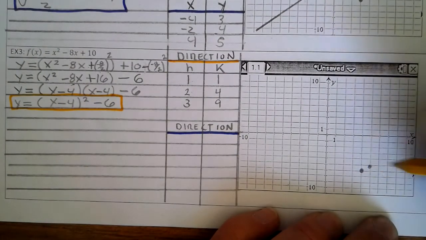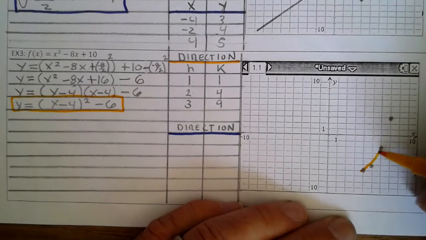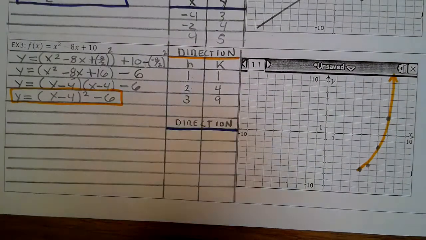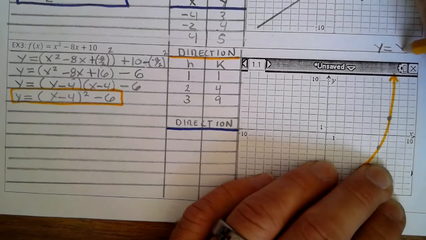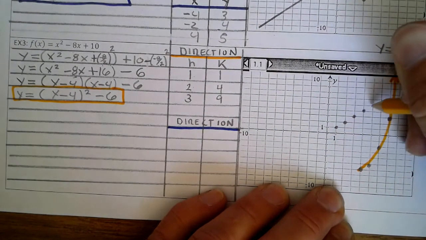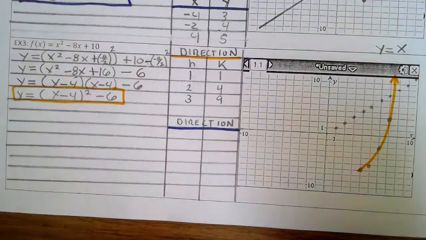So right 1, up 1; right 2, up 4; right 3, up 9. Now we want to graph the y equals x line.